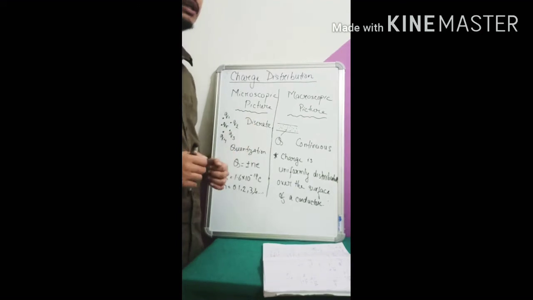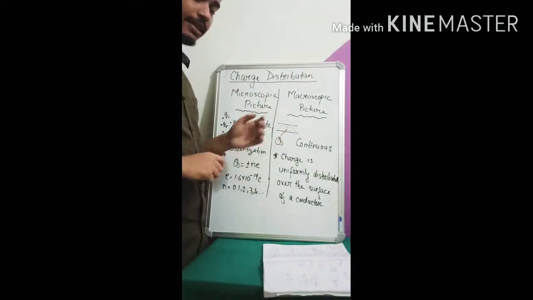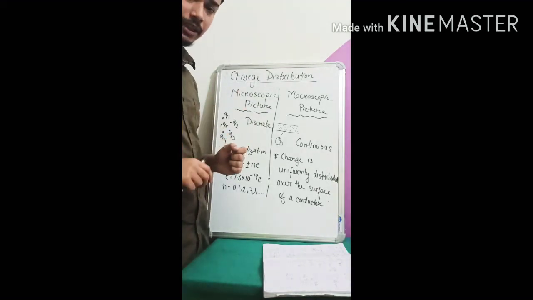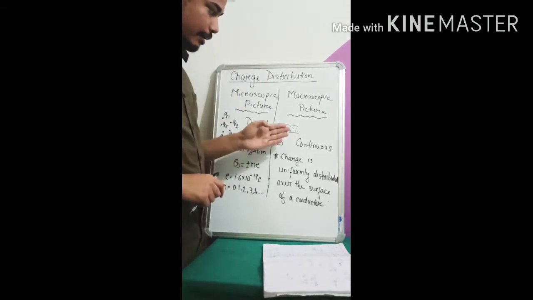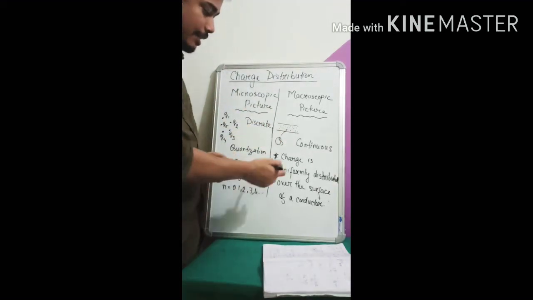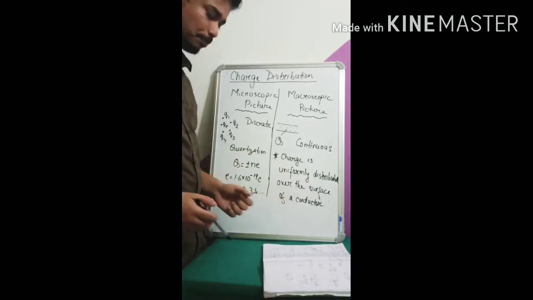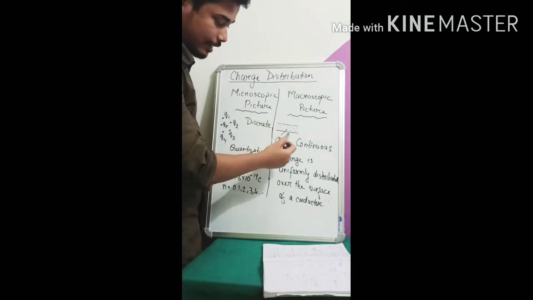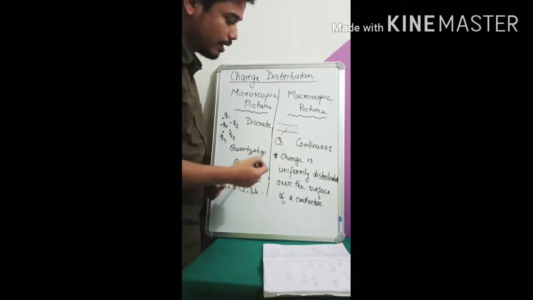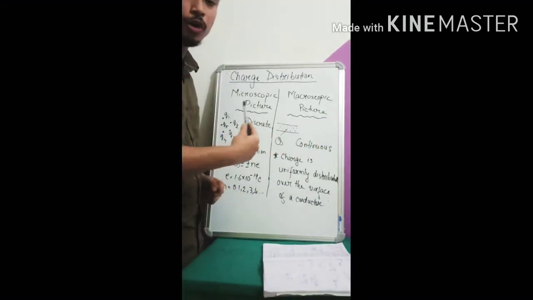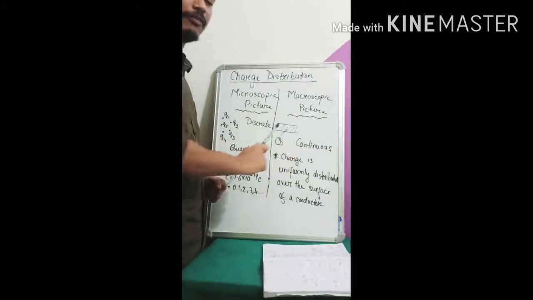Now, as you know, in a non-conductor the charges can reside inside because there are no free electrons. In conductors, the charge is uniformly distributed over the surface of the conductor. That means if we consider the conductor to be this one, then the charges will be equally or uniformly distributed over the surface.